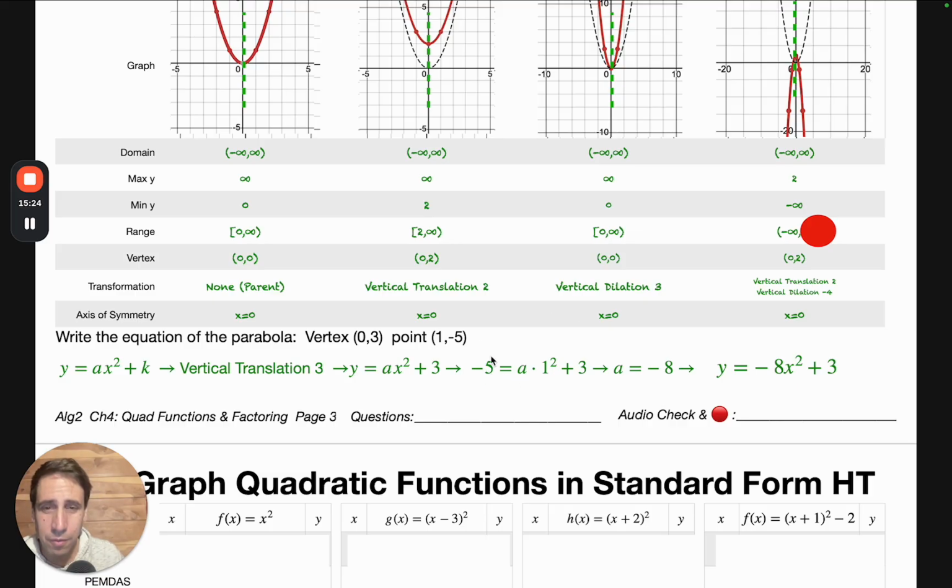So negative 5 equals a, which is what I'm trying to find, times x squared, which is 1 squared, plus 3. If we solve this, 1 squared is 1, and then subtract 3 from both sides. You get a is equal to negative 8. And so if a is equal to negative 8, then we're done. We know what the answer is. The answer is this equation, y or f of x. You could say f of x if you wanted to, but I'm just going to use y. y is equal to negative 8 x squared plus 3. Yay!